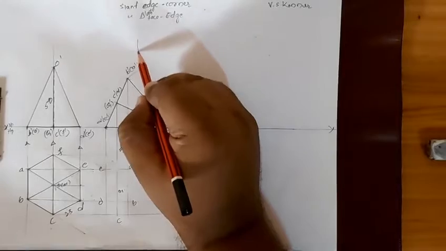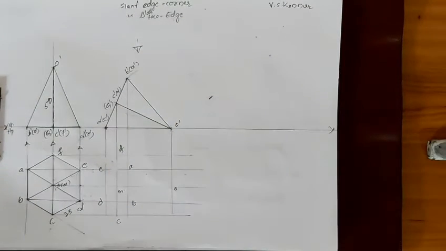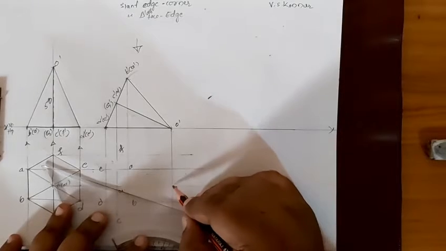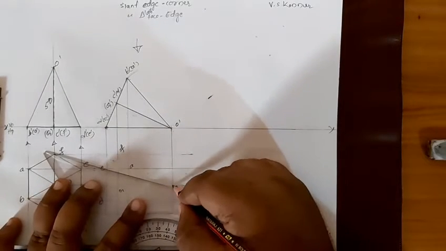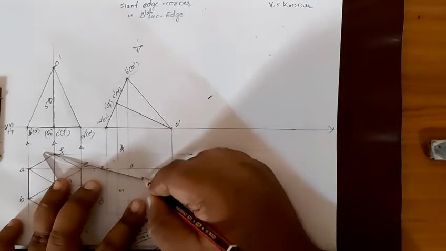When you are viewing from this side, the points which are away from the observer are OD and OE. The lines joining OD and OE are dash lines. Because D and E are border lines, we cannot make them dash. Only OD and OE will become dash lines.